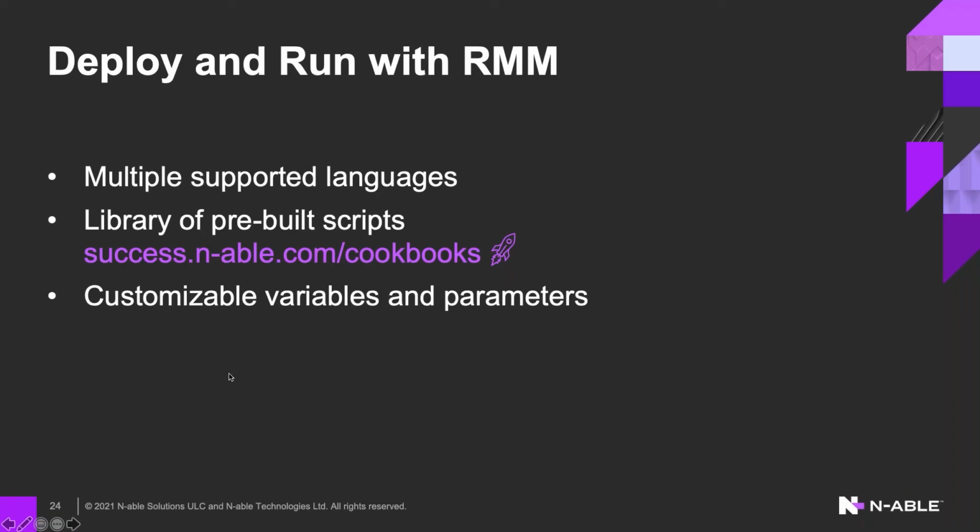And with those, generally what you would do is download them to your machine, modify them with your own customizations, add whatever is necessary to make them work in your environment, and then when you deploy them, you can fill in variables and parameters within RMM to make them work for you.